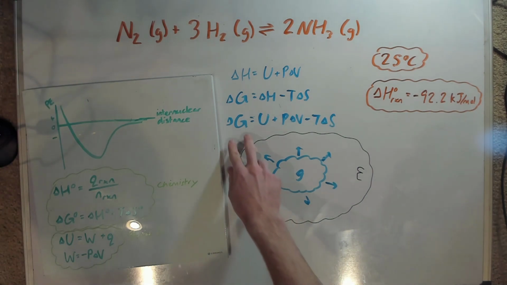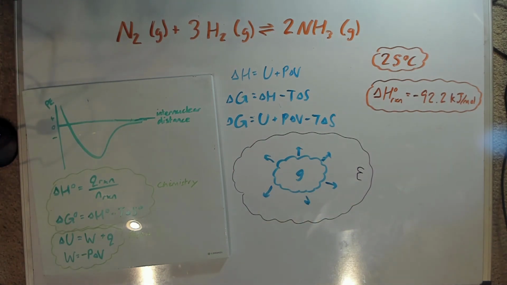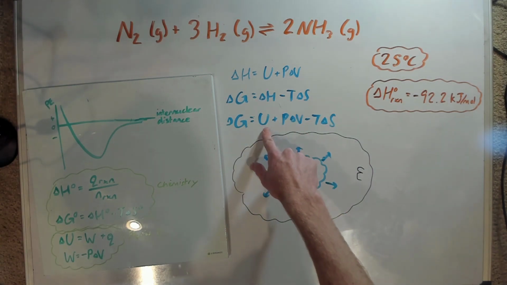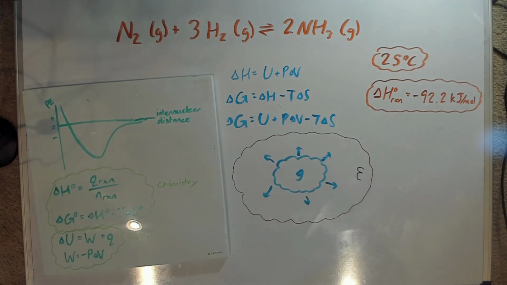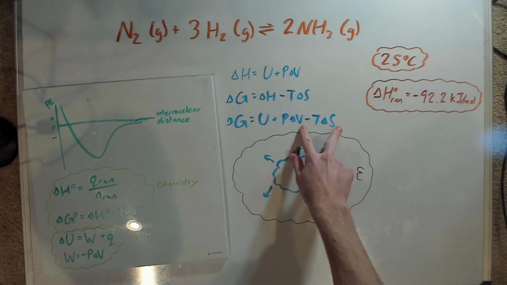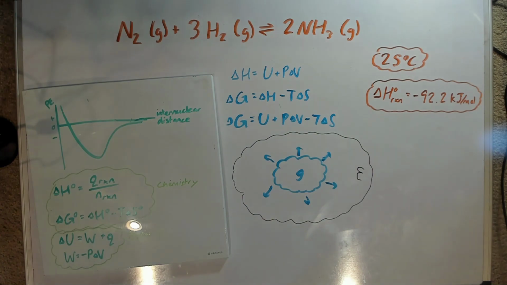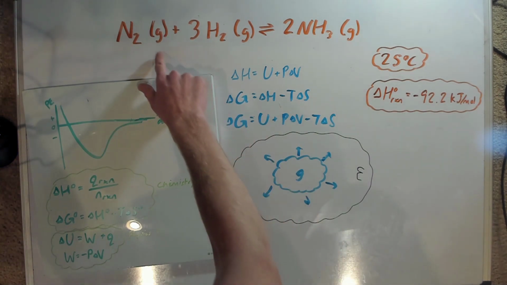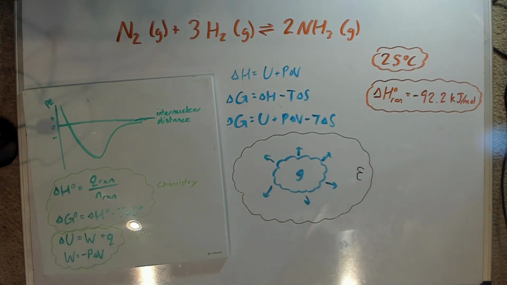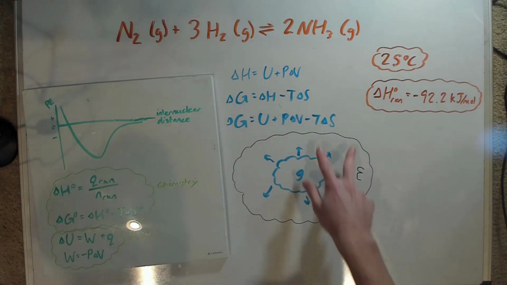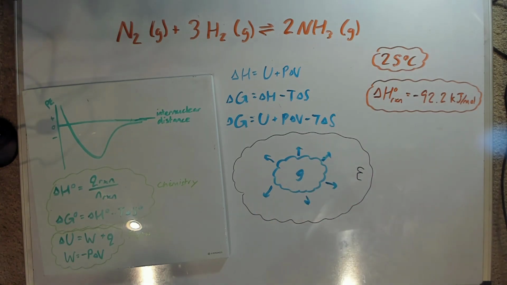Now, if this Gibbs free energy is less than 0, it means that you don't have to put much in it. It means that this value here, U plus P change in V, is small enough that this T change in S is bigger than this U plus P change in V. It's just saying that the amount of energy formed or taken away is smaller than the pre-existing stored energy in the system.